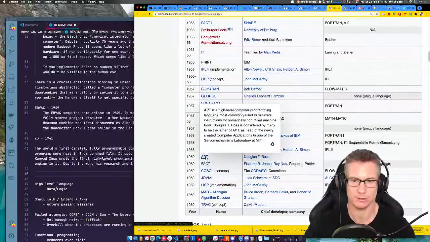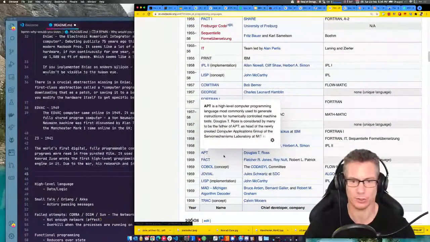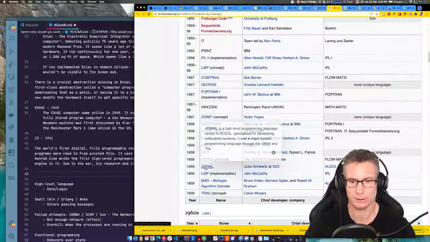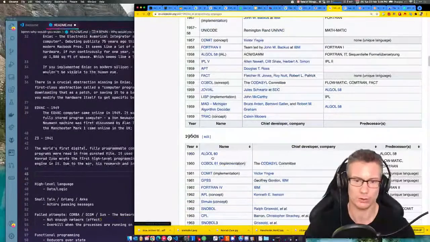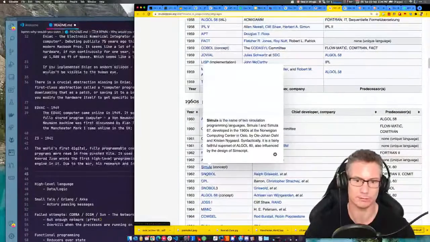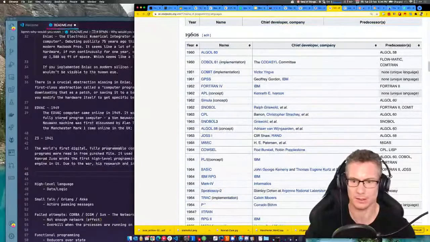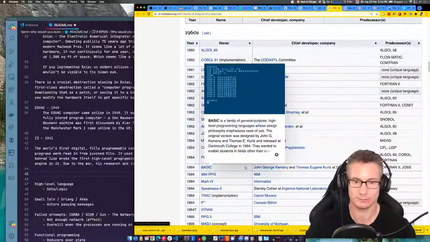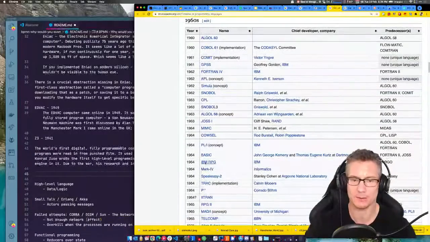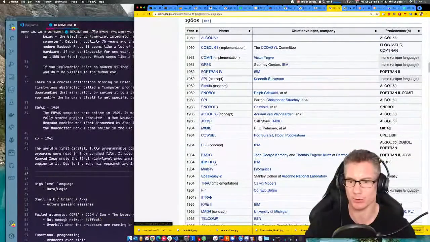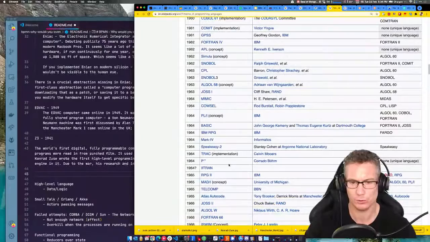APT? No. APL I've heard of. COBOL. Lisp. Algol. COBOL. More Fortran. APL. Simula. Snowball. Heard of it. Don't know much about it. PLI. Heard of it. Basic. Yeah. Know that one. RPG. People are still using that. It's a database programming language. Track.